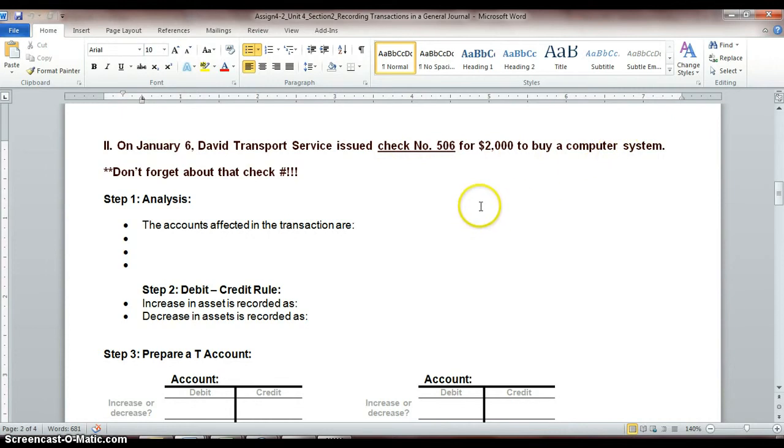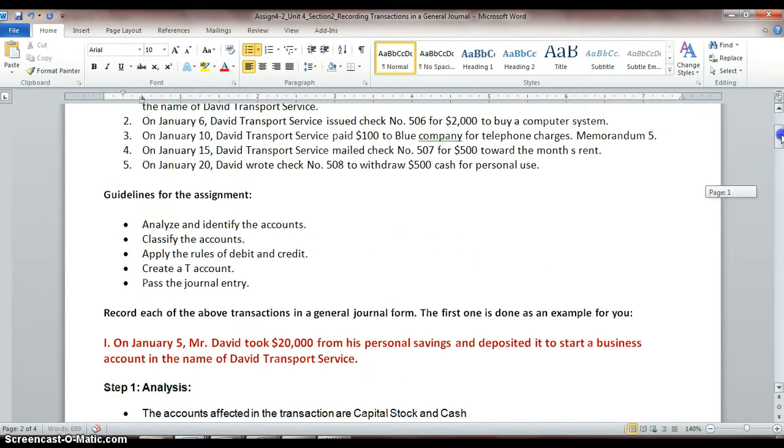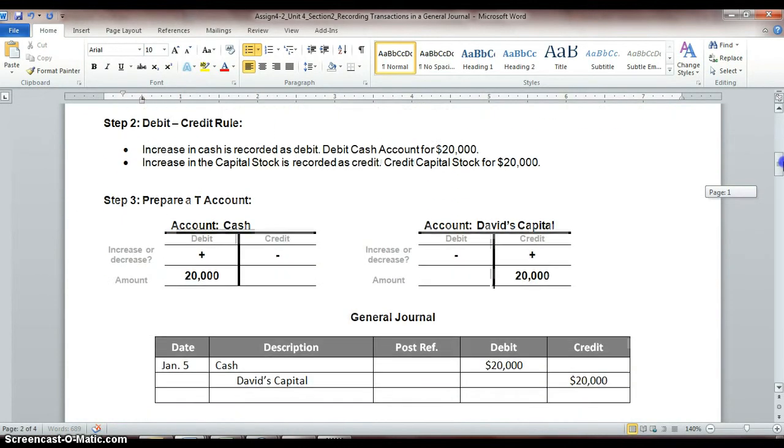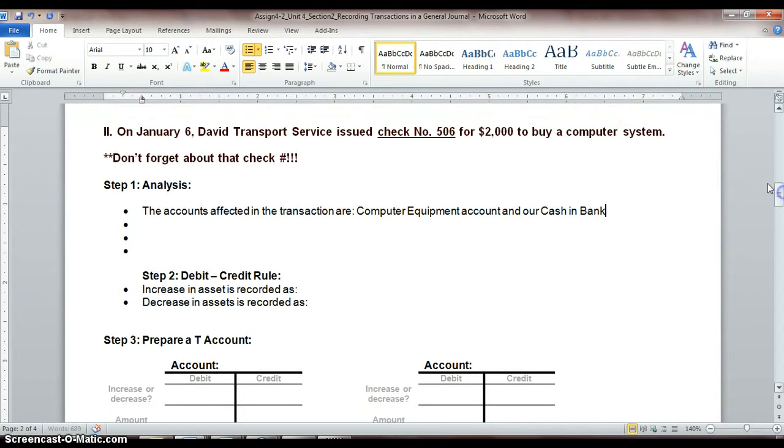This should tell you that if a computer system is what we're buying, this is going to affect our computer equipment account, and for writing a $2,000 check on the spot, this is also going to affect our cash in bank account.